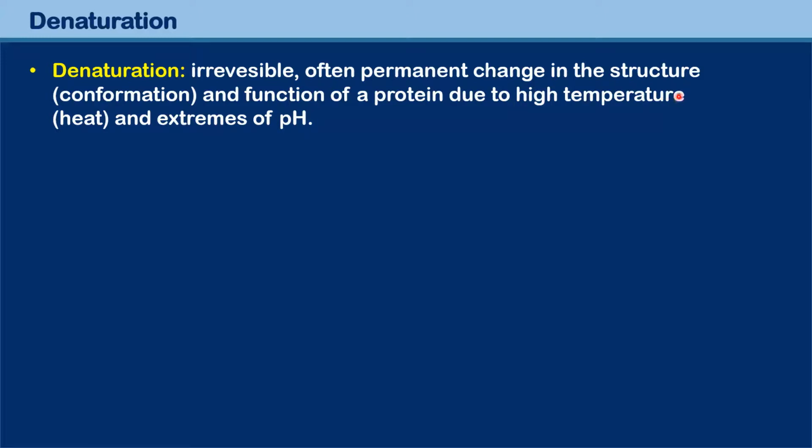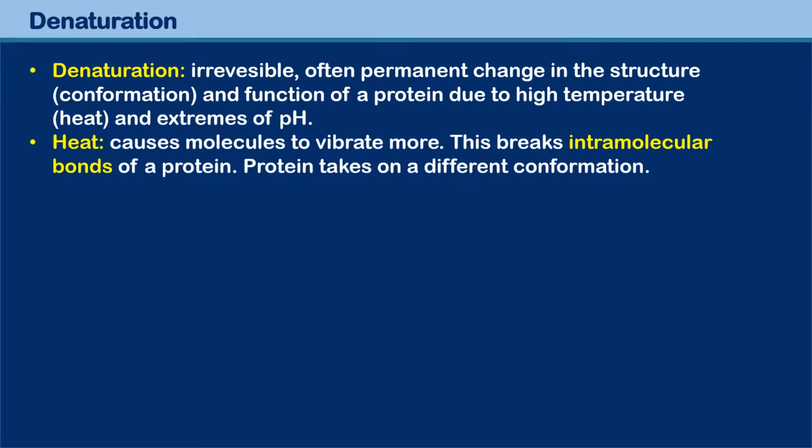You can basically heat up the protein, then you break it, or you can have extremes of pH. So if you put it into a very acidic or very basic environment, it can also denature. And basically, what heat does is it causes the molecules, including the protein itself, to vibrate more, and this breaks the intramolecular bonds, for example, the hydrogen bonds, which stabilize the protein, and therefore the protein refolds and it takes on a different conformation.